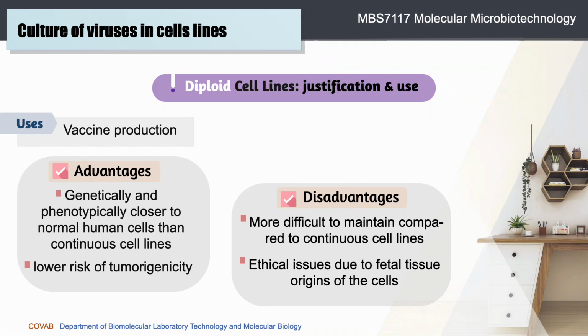Secondly, they have a lower risk of tumorigenicity, again giving us a natural environment. However, once we've got advantages, there are also disadvantages. They are more difficult to maintain compared to the continuous cell lines, and there will always be ethical issues due to the fact that we are obtaining them from fetal tissue or from animals.